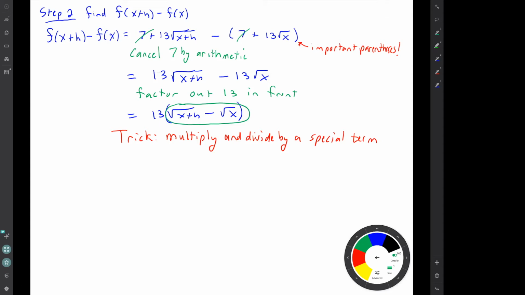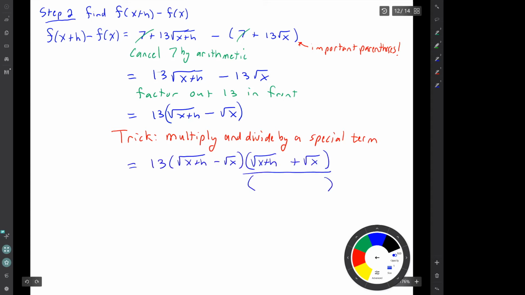The term that we're going to multiply and divide by is going to be similar to that, but it's going to be square root plus square root. So again, we noticed that we had a minus sign in this expression, so we built this special term with plus signs there. Now we just multiply out the numerator.